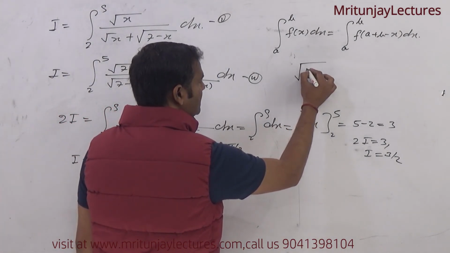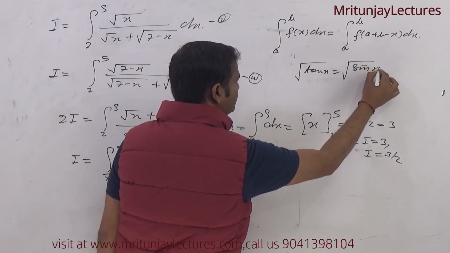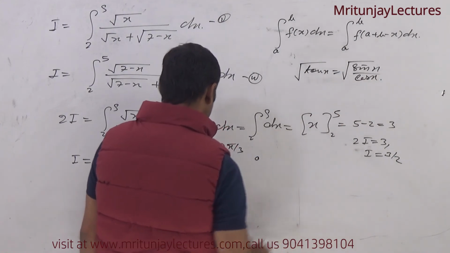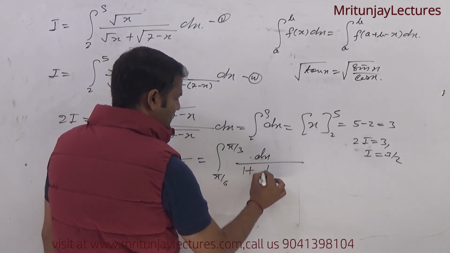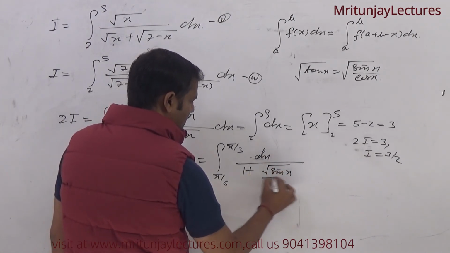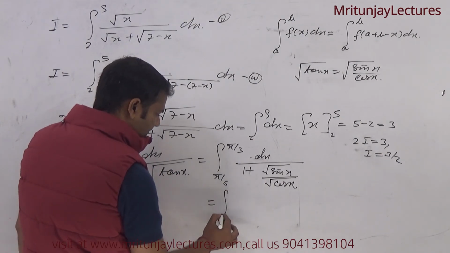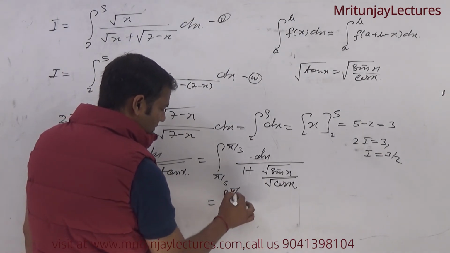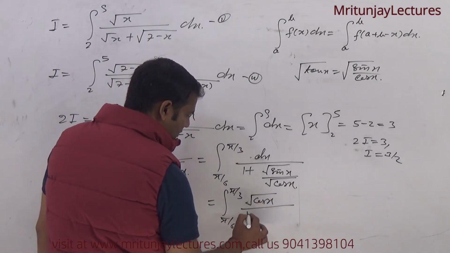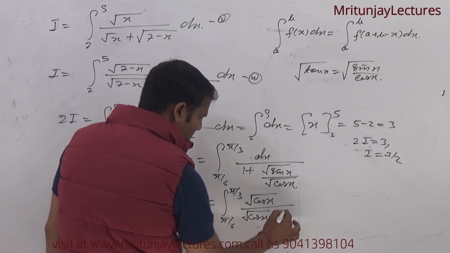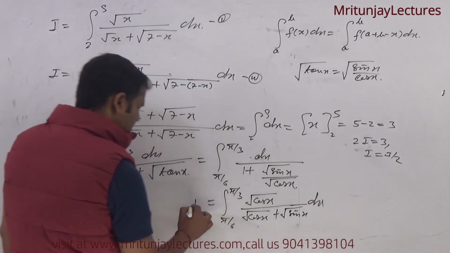I know that tan x is written as sin upon cos, so that is dx divided by 1 plus root sin x upon root cos x. This one is written as the integral from pi/6 to pi/3 of root cos x divided by (root cos x plus root sin x) dx. This is I.